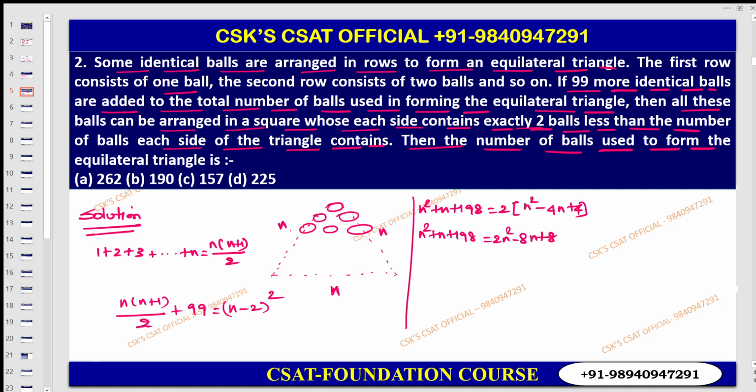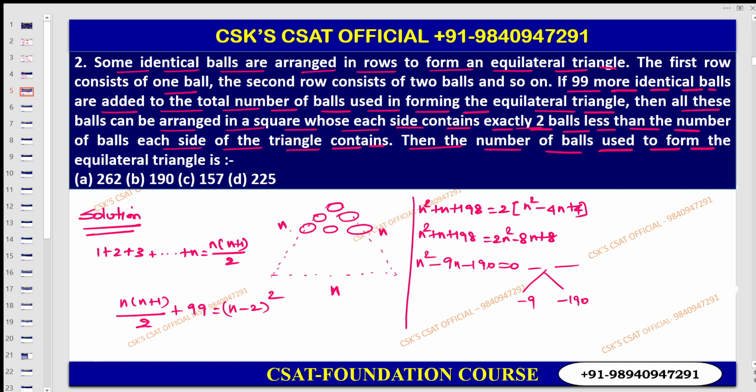Now rearrange this. Bring the LHS towards the RHS. 2n square minus n square becomes n square. Minus 8n minus n becomes minus 9n. Then plus 8 and minus 198 becomes minus 190, which is equal to 0. When you are multiplying, you have to get minus 190. When you are adding, you need to get minus 9.